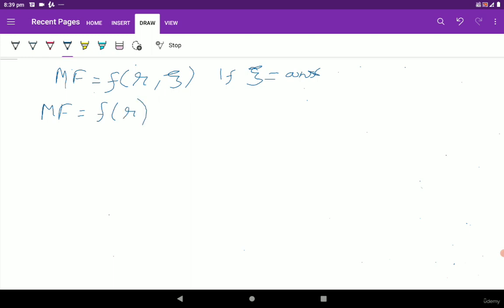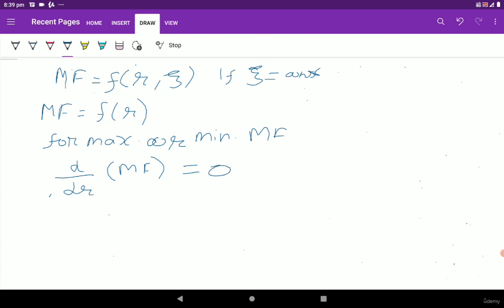So for maximum or minimum, let's calculate the case for the maximum or minimum magnification factor. Let's differentiate with respect to r and set it equal to 0.